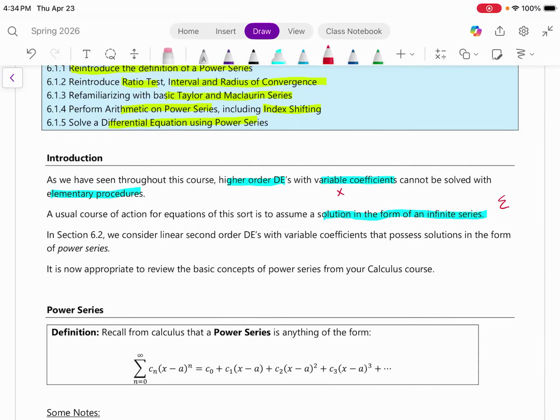When we talk about infinite series, we talk about something like a sub n. In section 6.2, which we'll learn next, we consider second order differential equations, meaning a second derivative, with variable coefficients that possess solutions in the form of a power series.